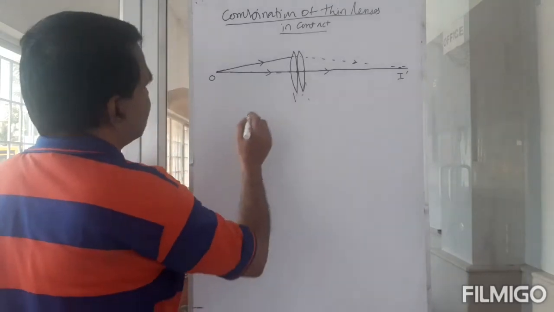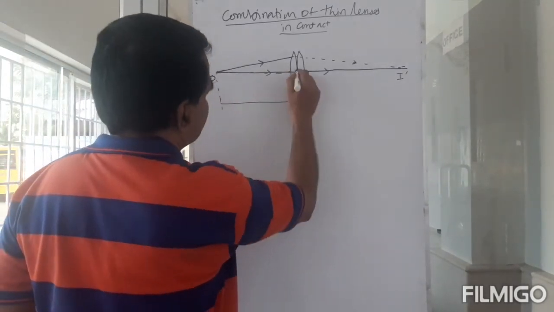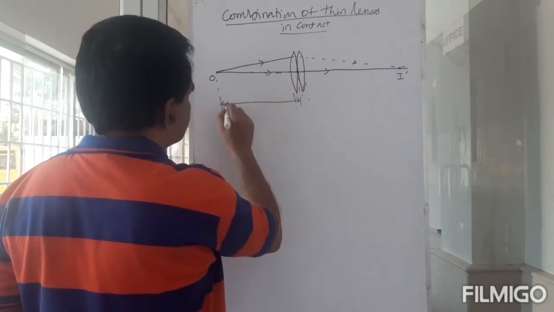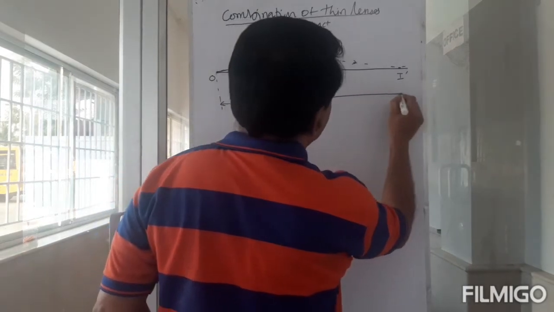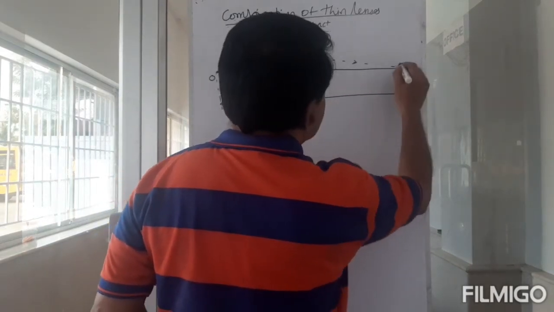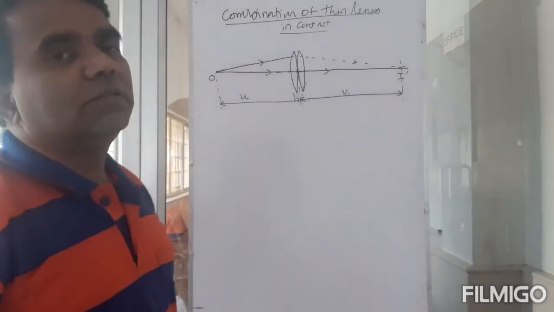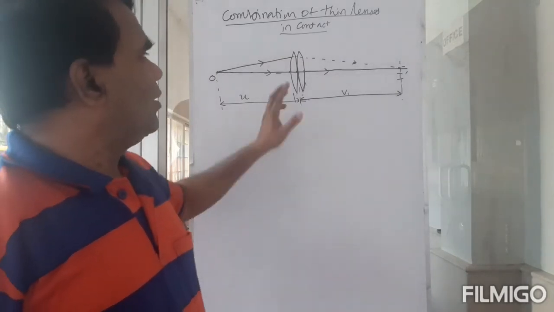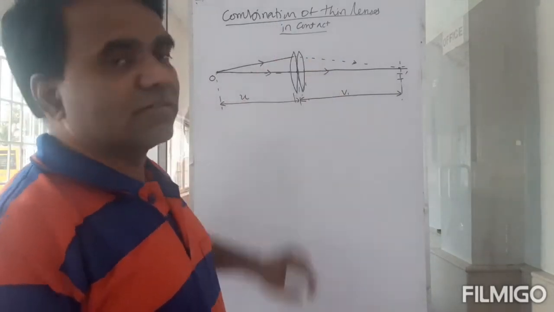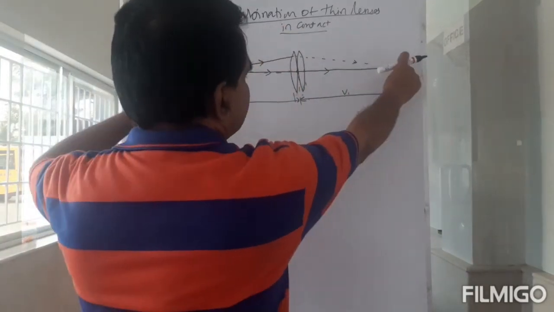In that case, I can say that roughly this is my U and I'll call this V1 because this is the image formed by the first lens. But there is another lens. You brought the second lens. If this was not there, this is where the image would have been formed.